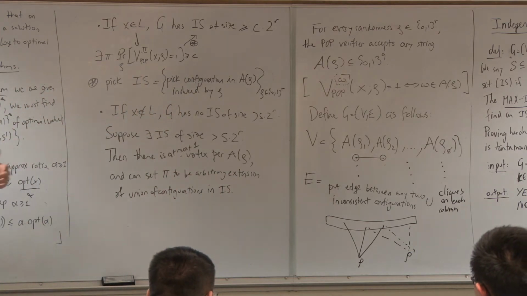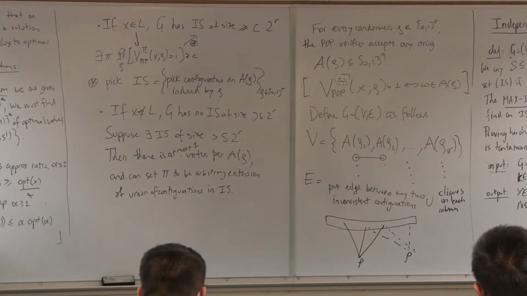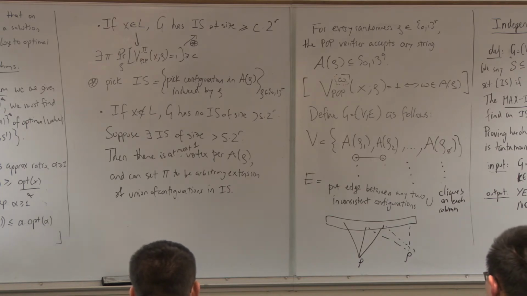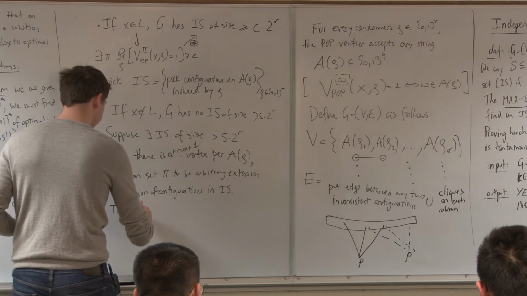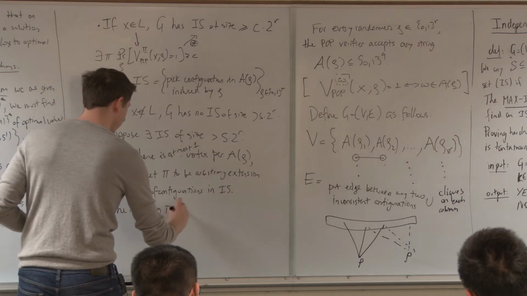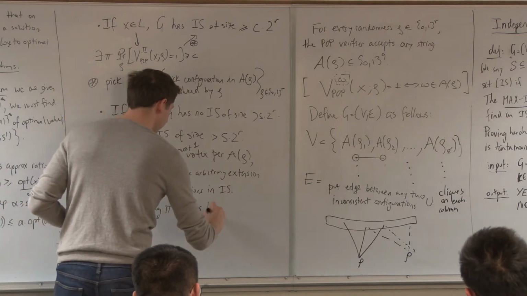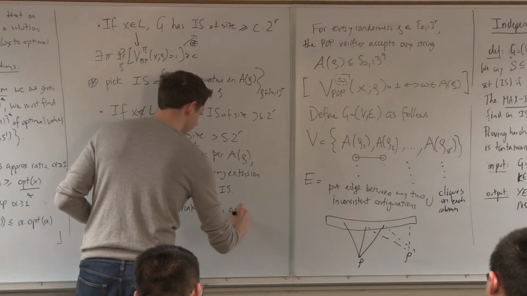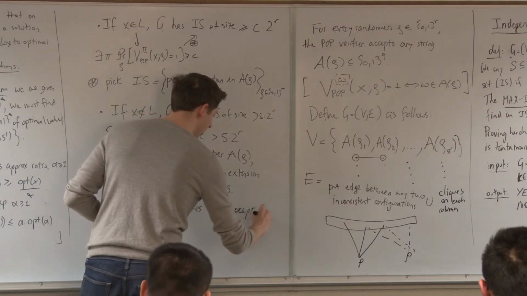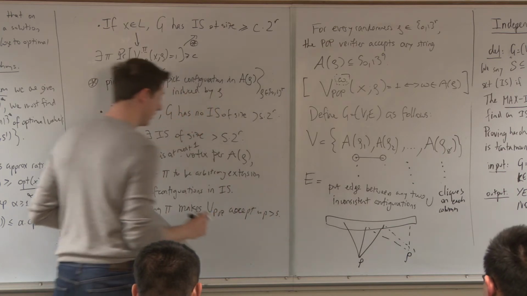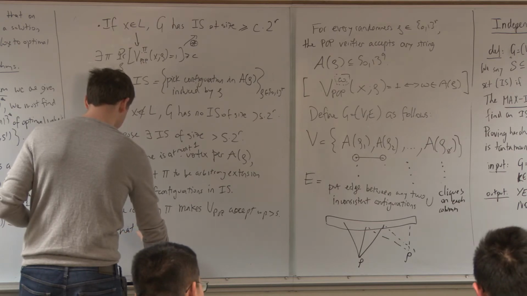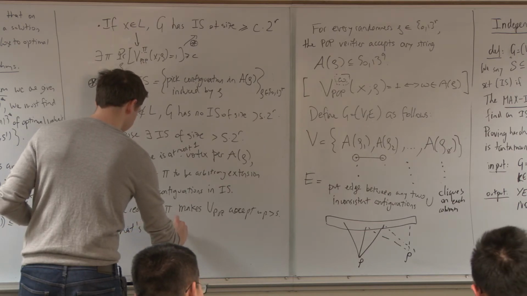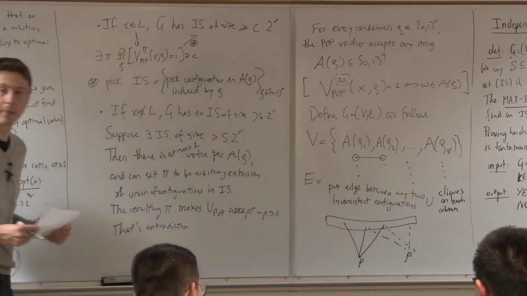Okay, so I just take all the configurations and put them together. They may have intersections or not, it doesn't matter, they're consistent. And then I extend arbitrarily. The resulting proof, pi, makes the PCP accept with probability greater than S, strictly greater than S, and that's a contradiction.